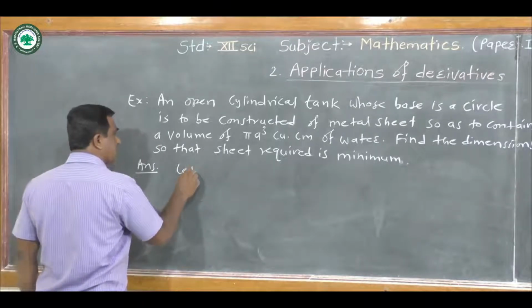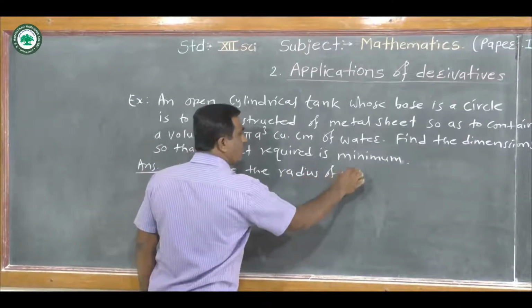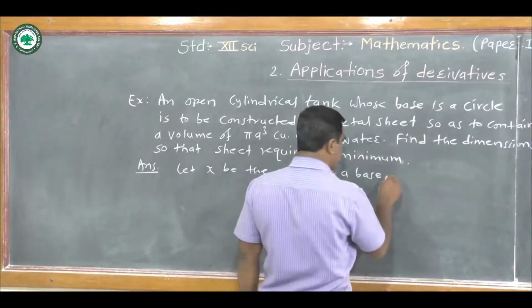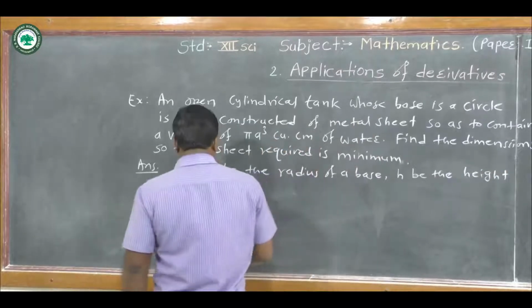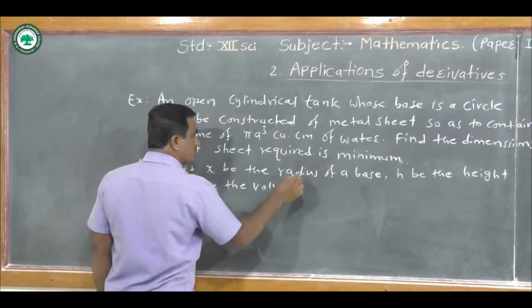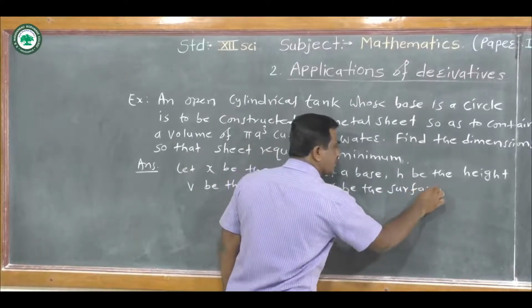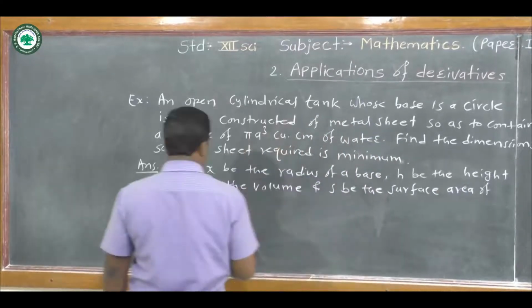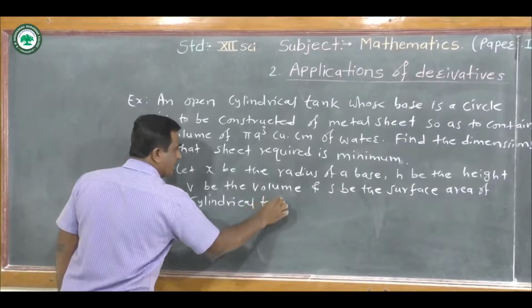Answer for this, let x be the radius of the base and h be the height, V be the volume, and S be the surface area of the cylindrical tank, that is cylinder.